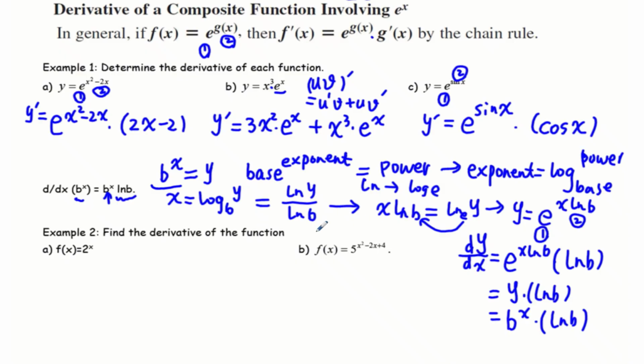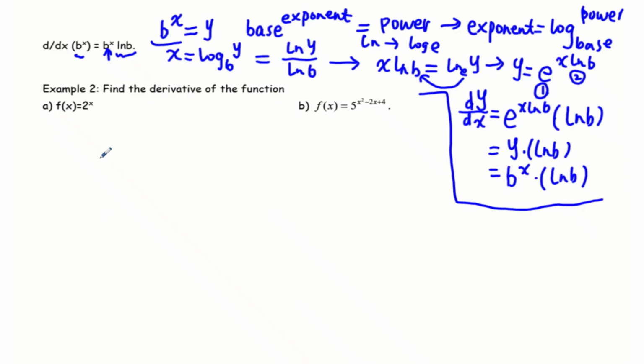So this one you can use as a formula. This is a proof, but you don't have to know how to prove it on your test. You just need to know how to use it, okay? So for the derivative f prime of x, the b to the exponent x won't change. Then just times ln of the base 2. That's it. The second one is 5 to this exponent.